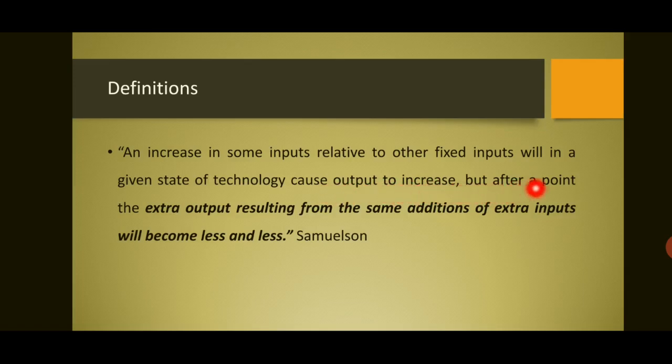But after a point, the extra output resulting from the same addition of extra inputs will become less and less. That we all have understood in our example. The purpose of putting the definition at the end is that you have understood all the factors and all the meaning of these lines fully.